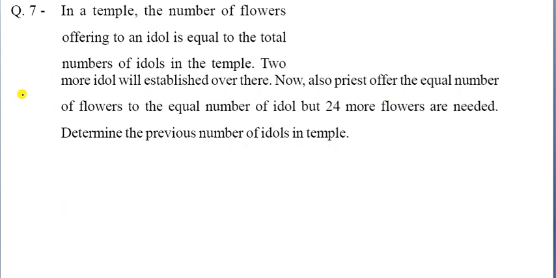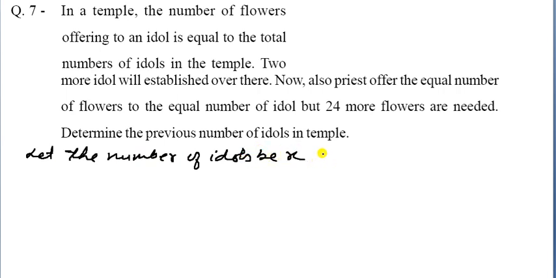Let the number of idols be x. So now the number of flowers per idol is also x. So you can say the number of flowers and the number of idols are here.